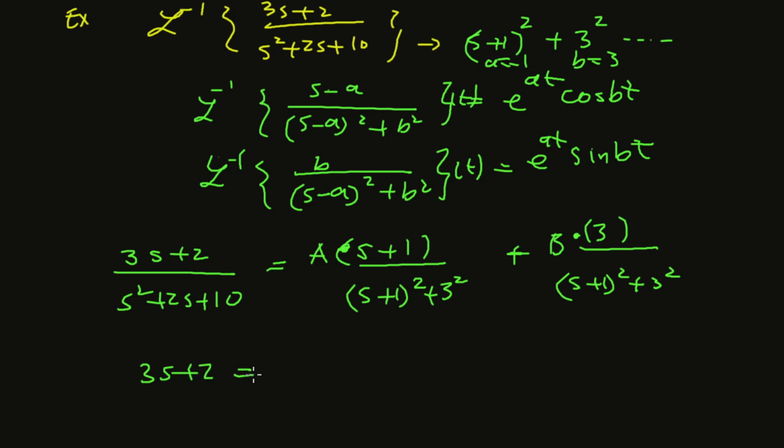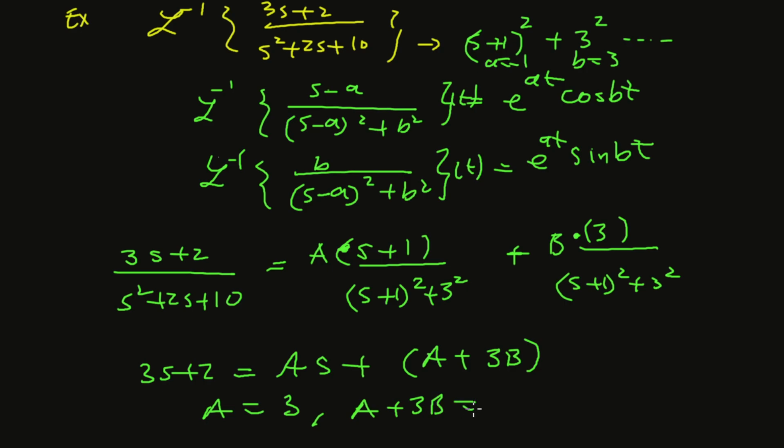When you do that, you get As plus A plus 3B, which gives us, from matching the coefficients, A equals this, which gives us B equal to negative 1/3.